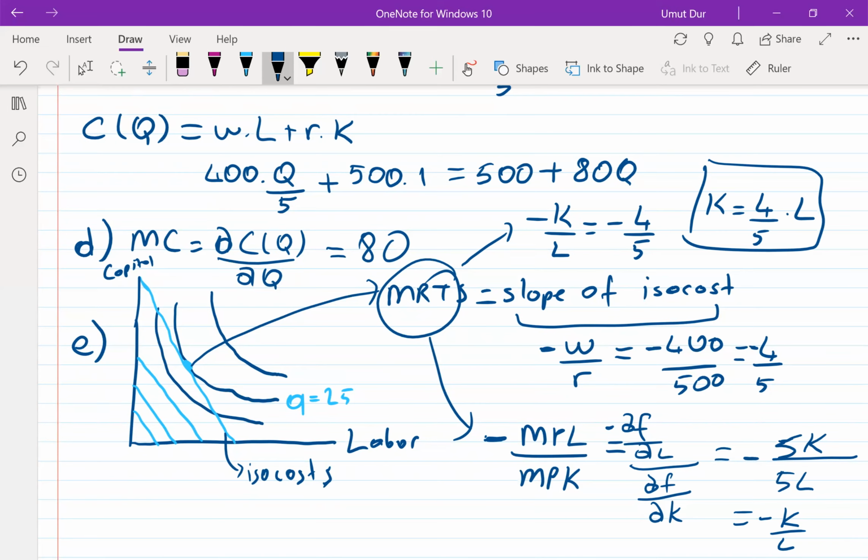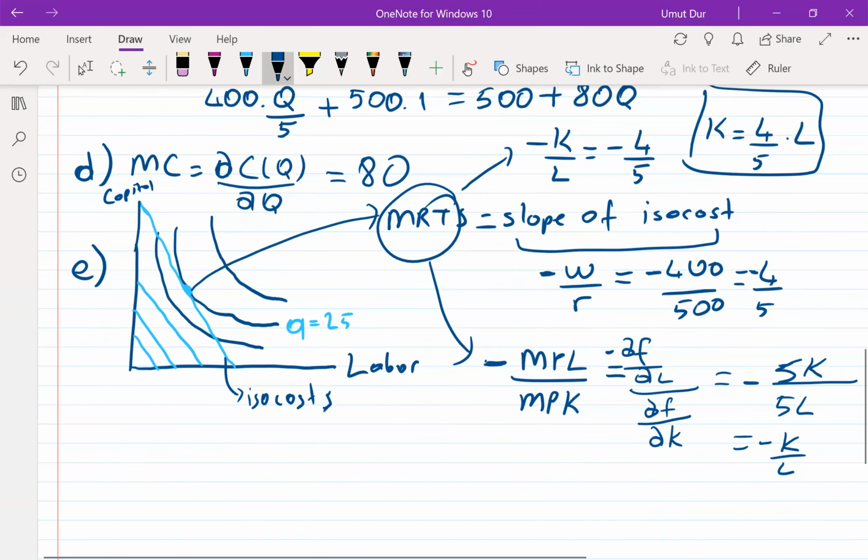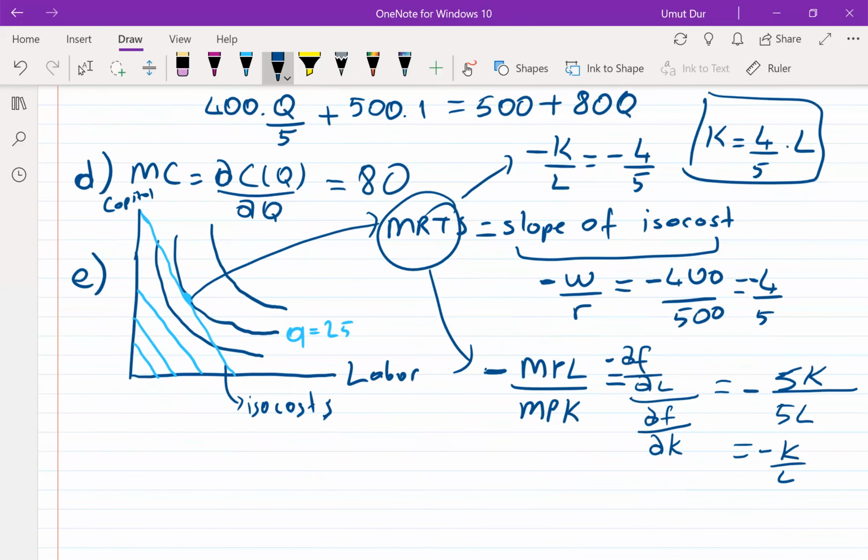And what is left is, I know that at this production level, Q equal to 25 is equal to 5KL.